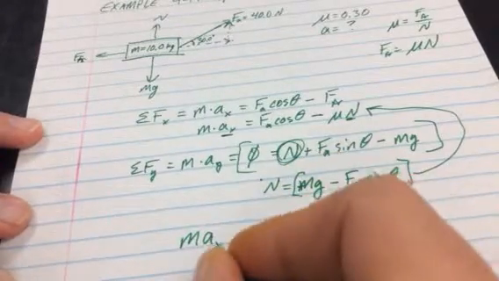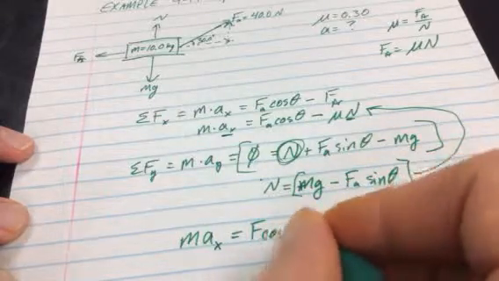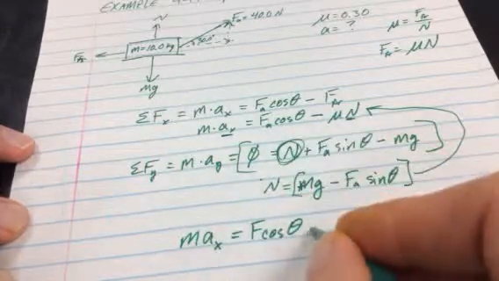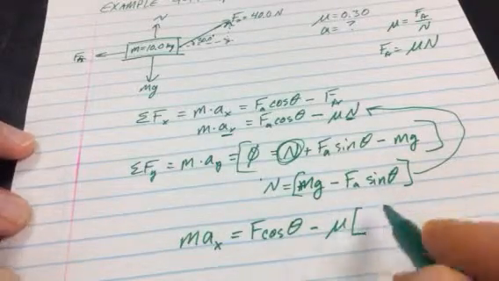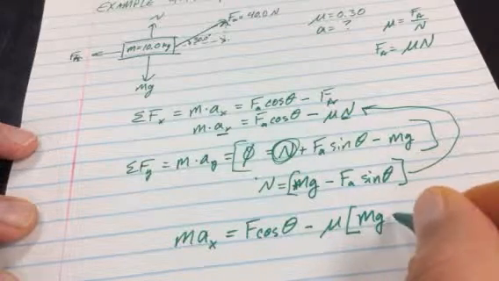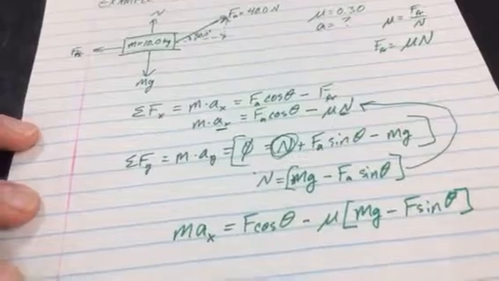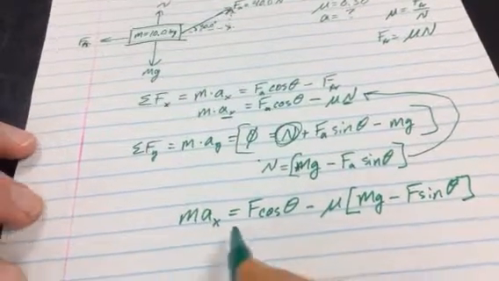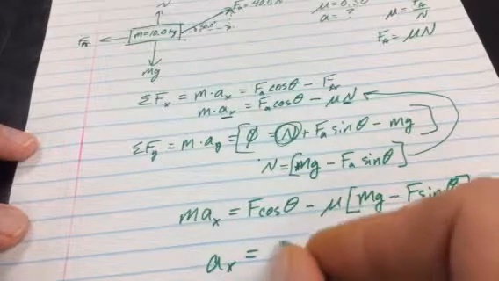in the horizontal, because that's where the acceleration is occurring, the horizontal component of the applied force minus the coefficient of friction times the normal force, which I'm going to substitute in. Then it's just a matter of solving for the acceleration.